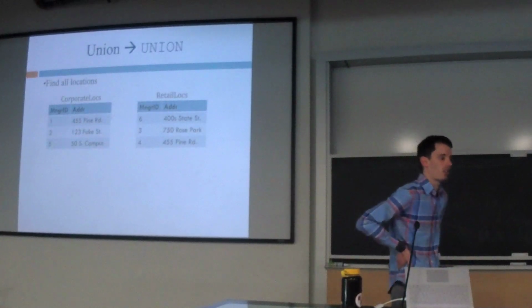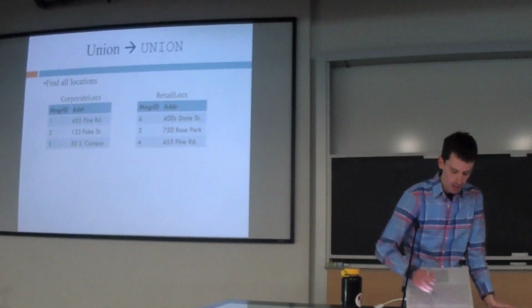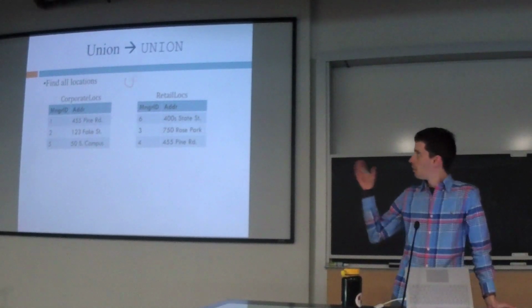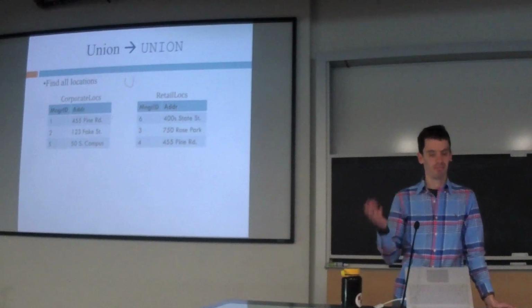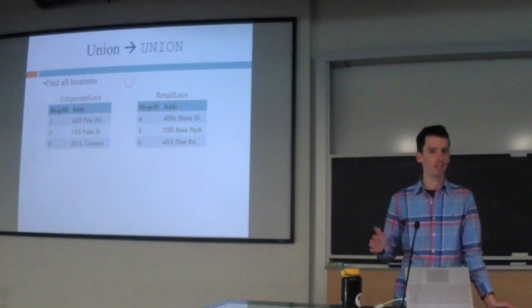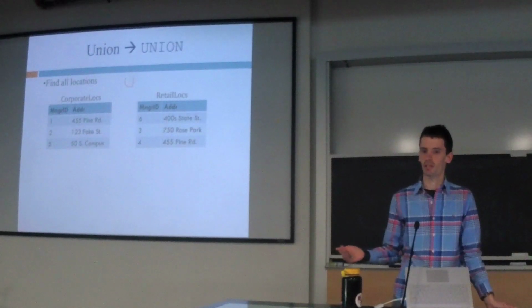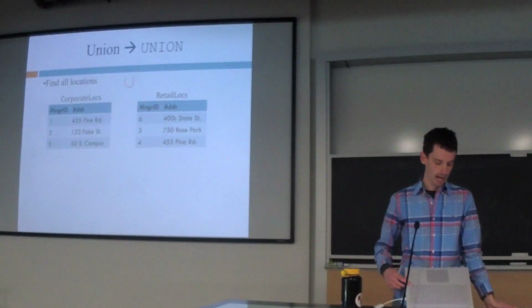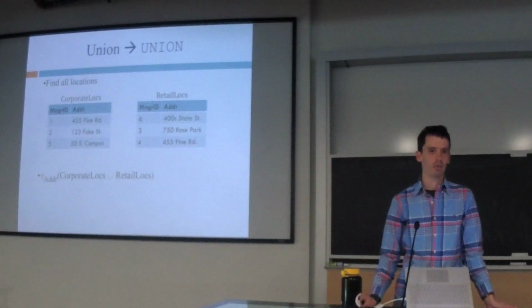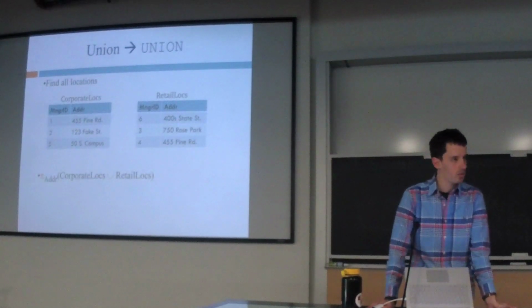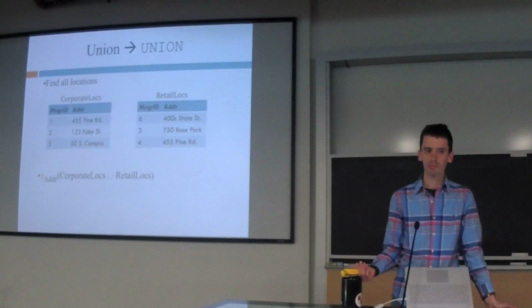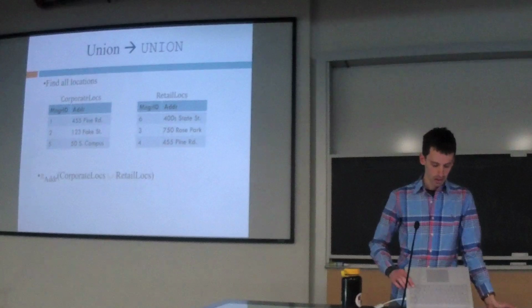Okay, what about union? A relational algebra union on two relations maps to the SQL keyword union. Pretty easy. So here's our little corporate locations versus retail locations example again. If I just want to find all locations that this company has a presence at, in relational algebra we would do corporate locations union retail, and then just project out the address. It looks a little different in SQL.